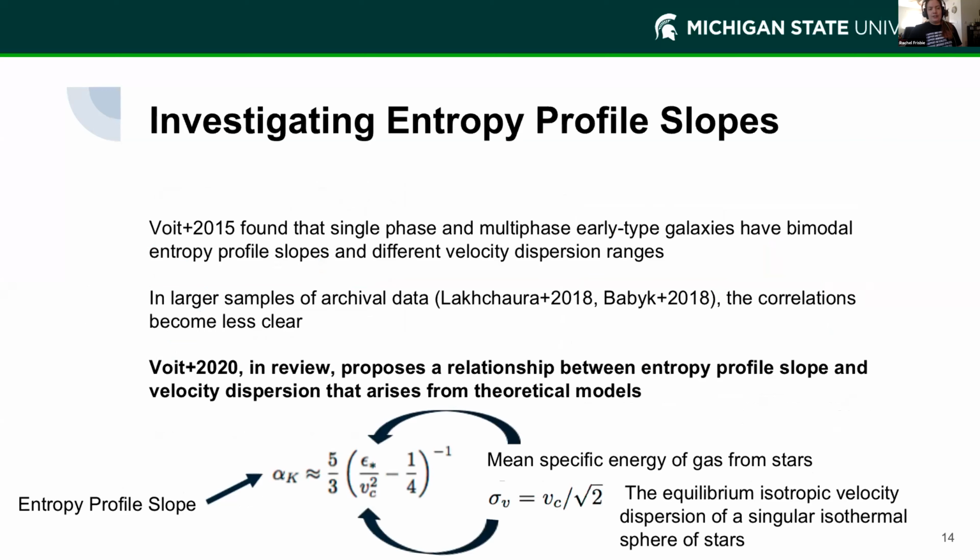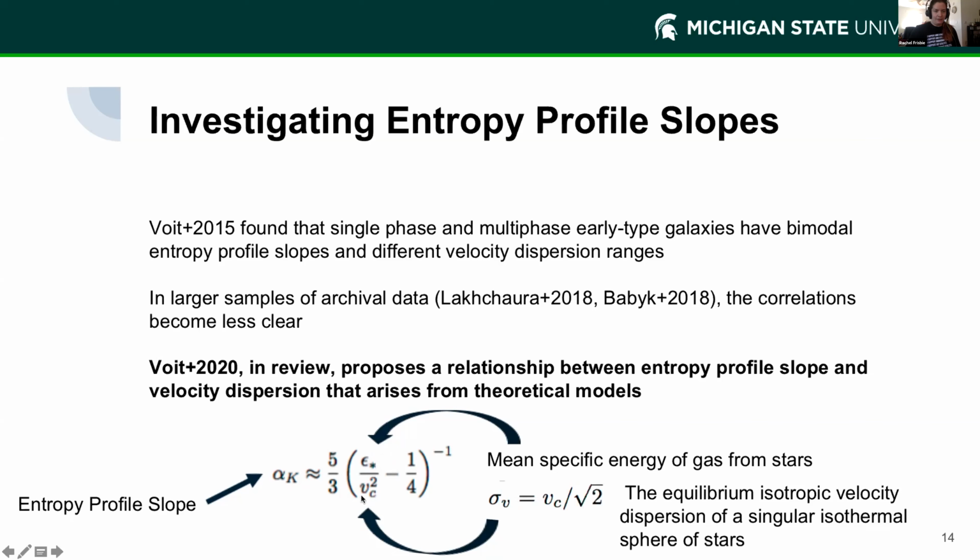However, there's a 2020 paper by Voit currently in review where he proposes a relationship between the entropy profile slope and the velocity dispersion that arises from a theoretical model. So what this theory says is that the entropy profile slope would be dependent on the ratio between the mean specific energy of gas from stars. So this number here, epsilon star, is just the rate of stellar heat input divided by the rate of stellar mass loss.